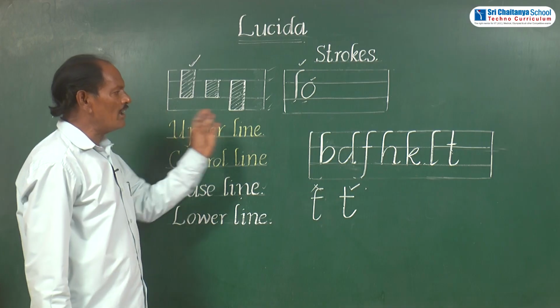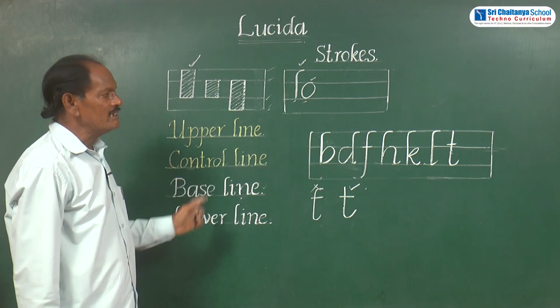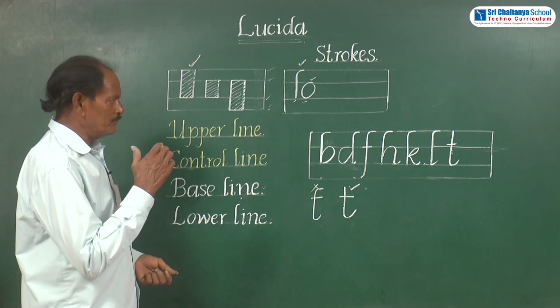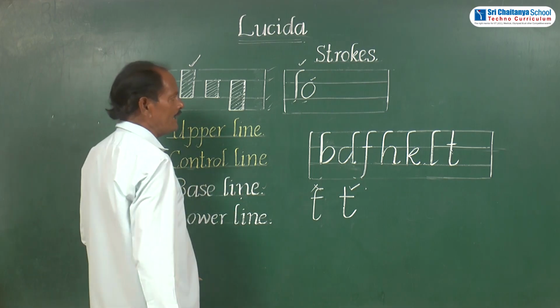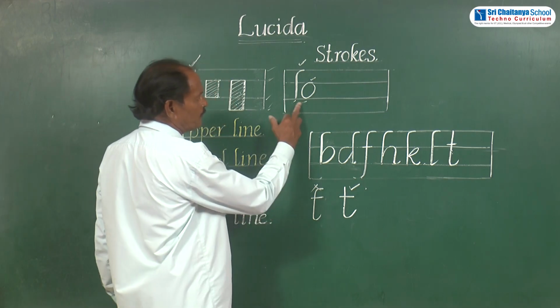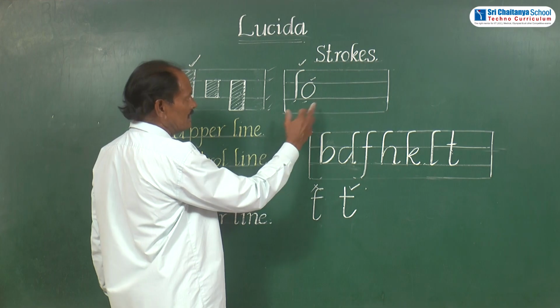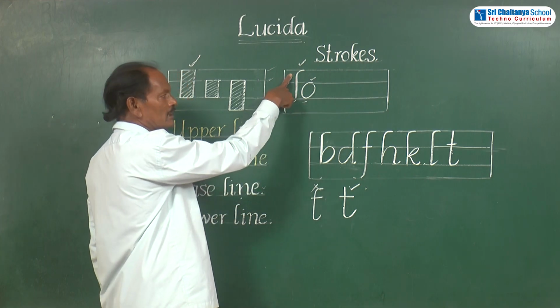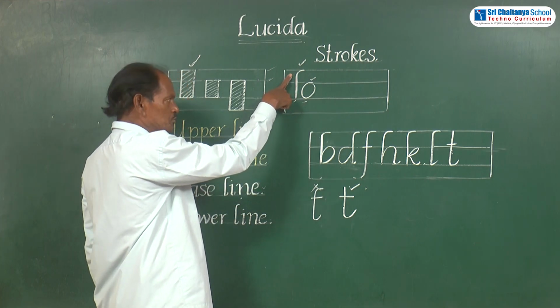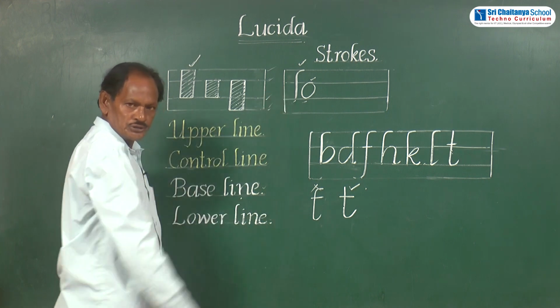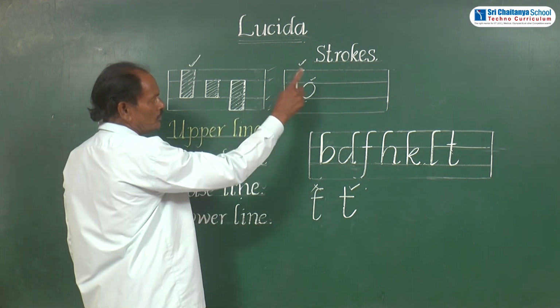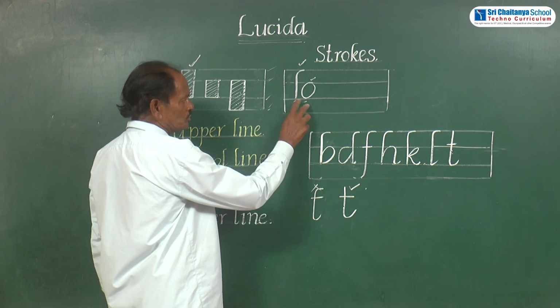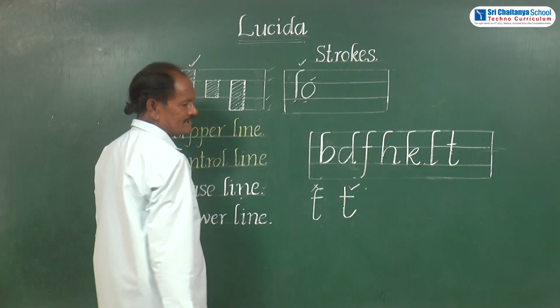Okay? These are the upper zone letters which are written in the proper way with the help of these two strokes. The first stroke is the common stroke of upper zone, that is upper zone stroke, and the vowel shape. With the help of these two we can write these letters.